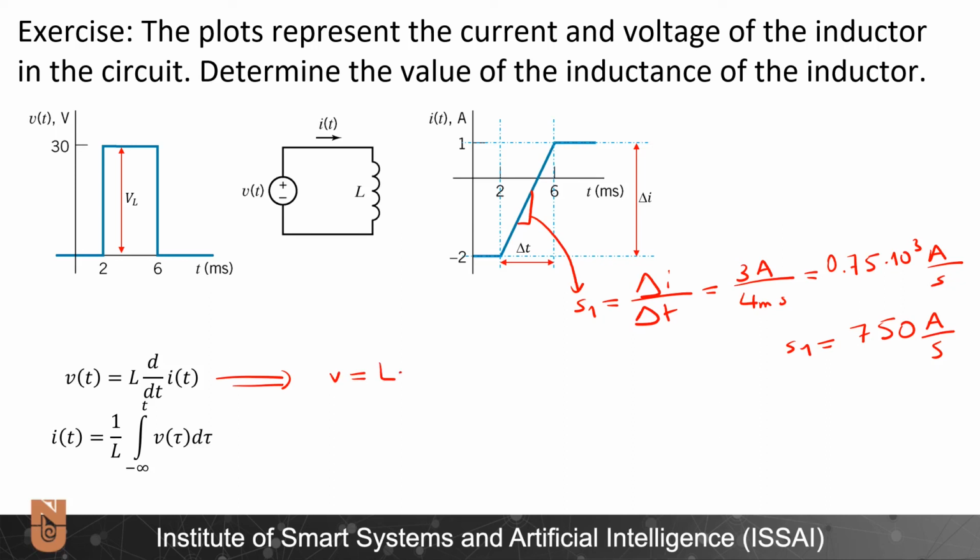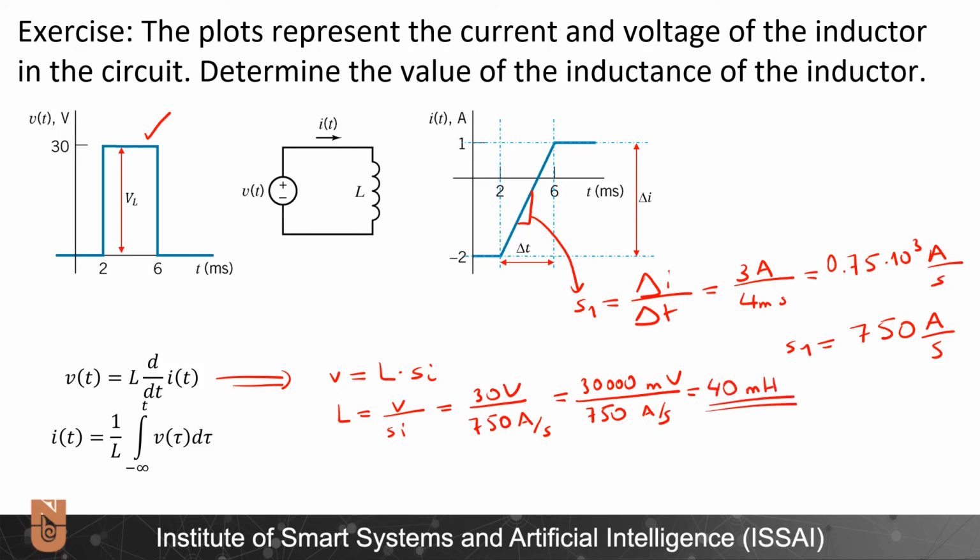V is equal to L times slope I. From here, I have L is equal to V divided by slope I. V here is 30 volts. 30 volts divided by 750 amperes per second is equal to, I will write this in millivolts, 30,000 millivolts divided by 750 amperes per second is equal to 40 millihenries. So we found the value of the inductor as 40 millihenries.